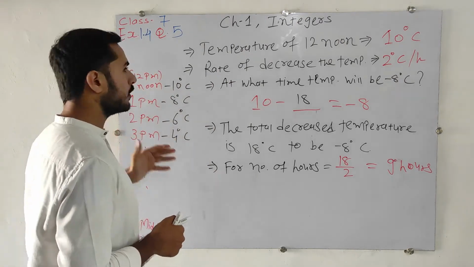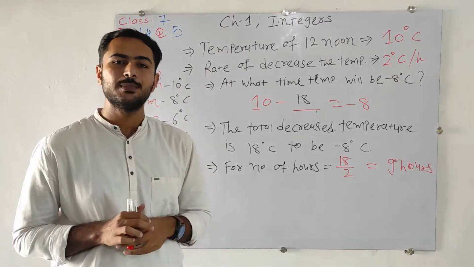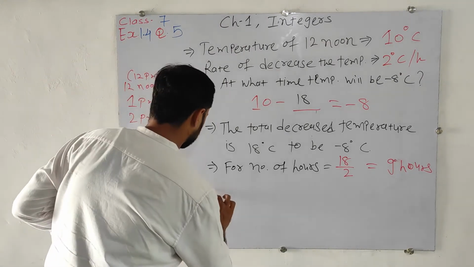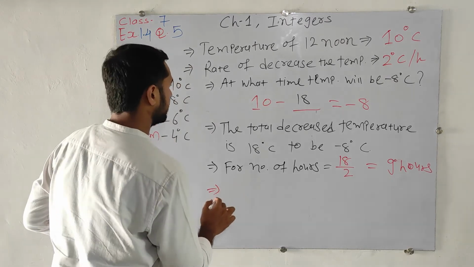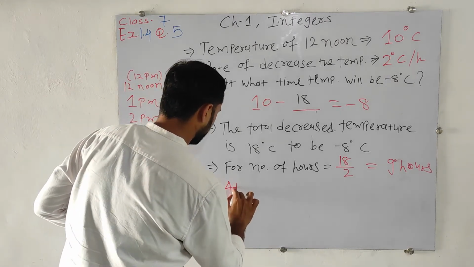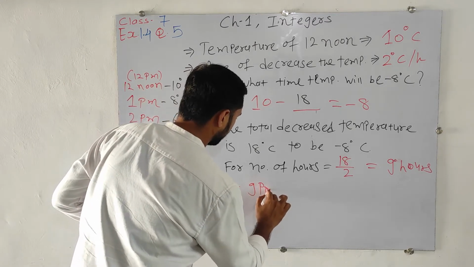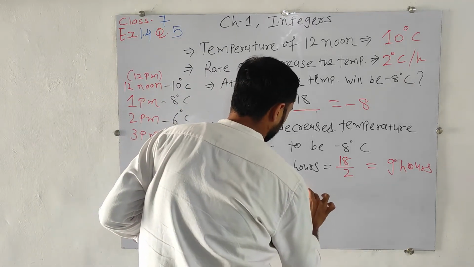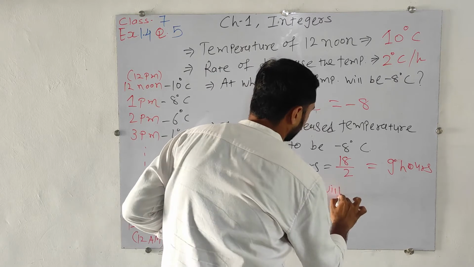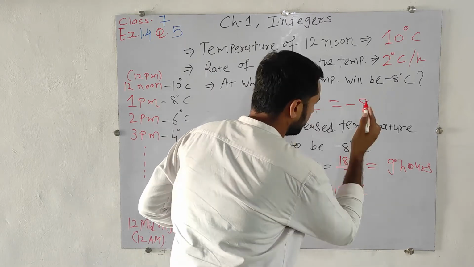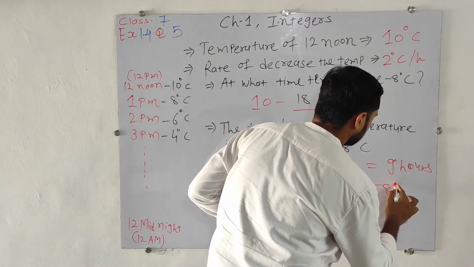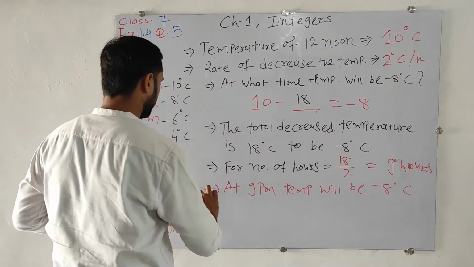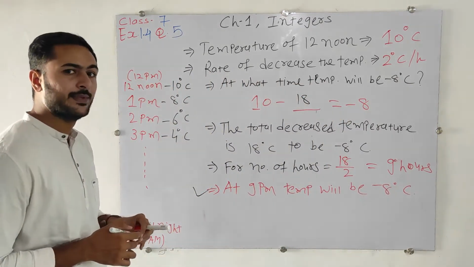So from 12 o'clock, if we count the 9 hours, that will be 9 p.m. So here the answer is 9 p.m. At 9 p.m. the temperature will be minus 8 degrees Celsius. So this is the answer for the first question.